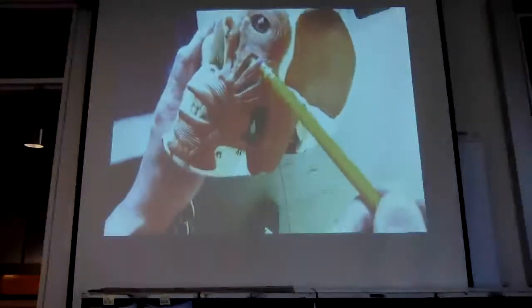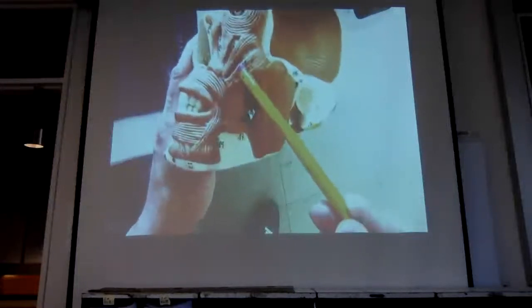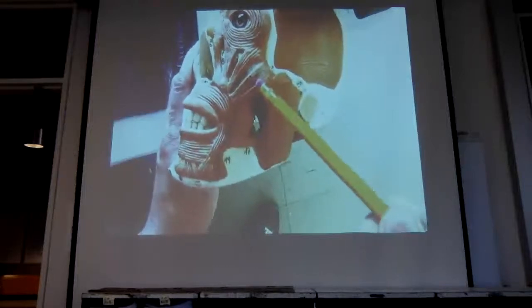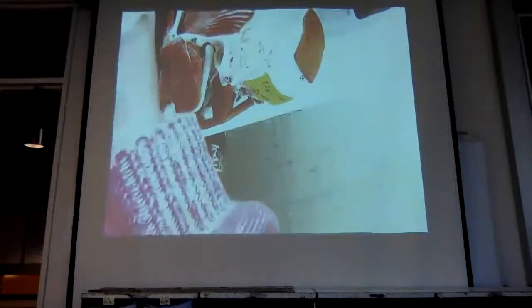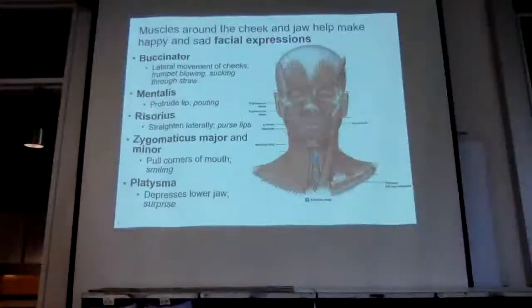The one on top is smaller, it's the minor. The one on bottom, inferior, is major, it's bigger. Zygomaticus minor, zygomaticus major. Usually, whenever they come in a pair like that, minor and major, major's on bottom. Makes more sense, it's carrying more weight, got to pull more. Zygomaticus major and minor pull the corners up superiorly and laterally. Those are their major smiling muscles.